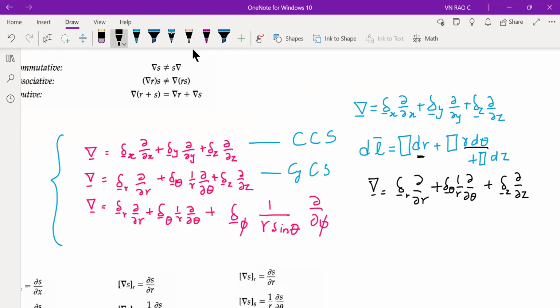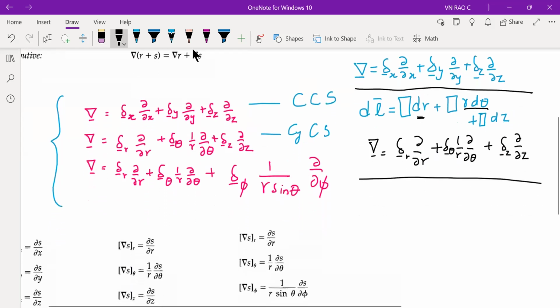So this is how we can write the del operator in cylindrical coordinate system.